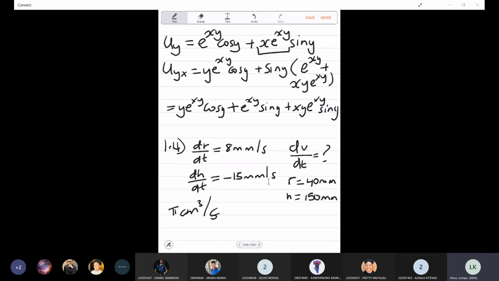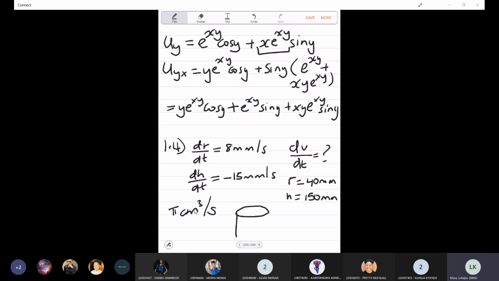Notice that all our units are in millimeters, so after we have our answer, we still have to convert it to centimeters cubed.